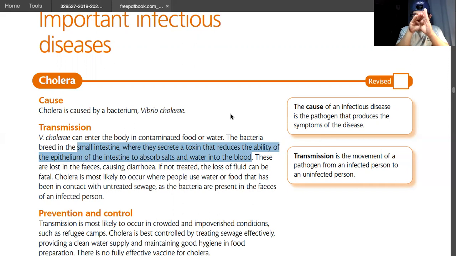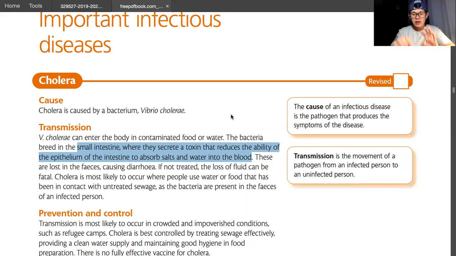So all the water has gone down to the large intestine and been removed, and it's making the inside of your small intestine very, very concentrated. So as a result, they keep drawing out water from the blood into the small intestine, and therefore causing a lot of fluid being excreted out.